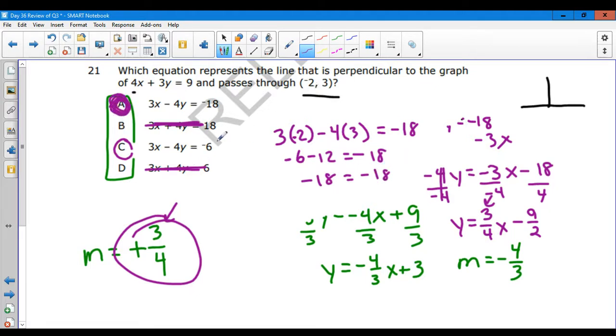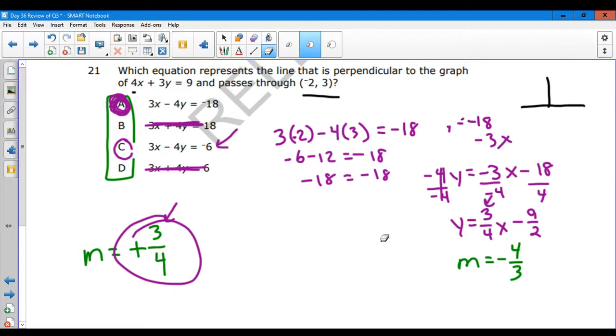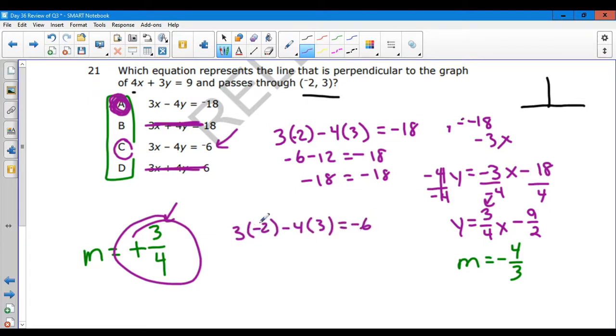I want to plug it in here too, just to double check something though, and show you how they're trying to fool us maybe a little bit here. So I will put negative 2 and 3 in for x and y again. And you get negative 6 minus 12 equals negative 6.